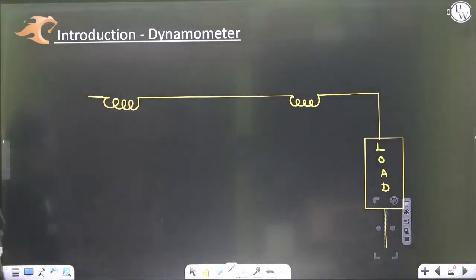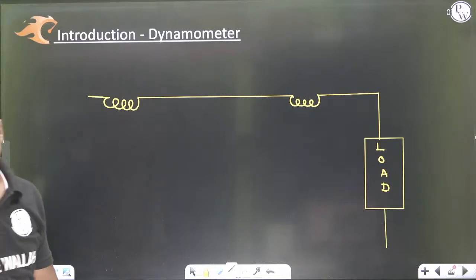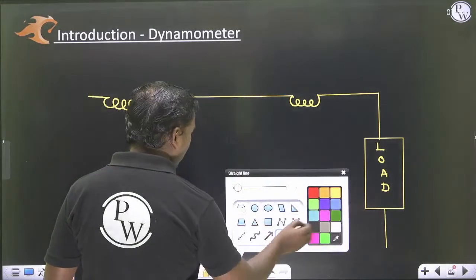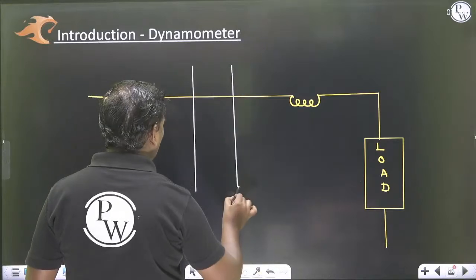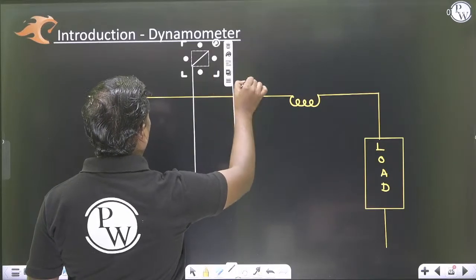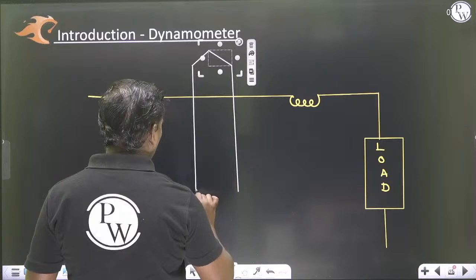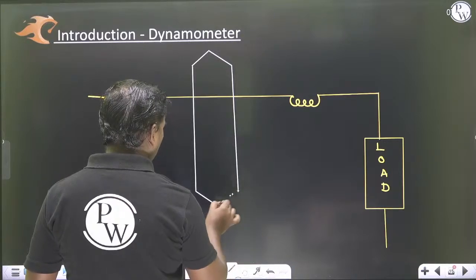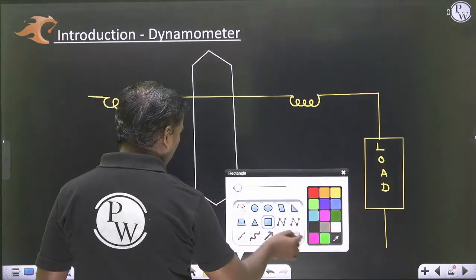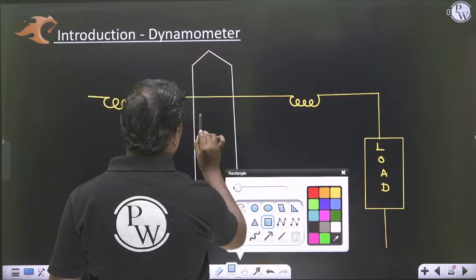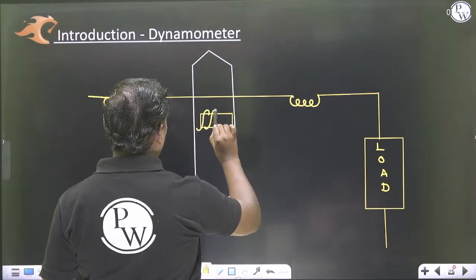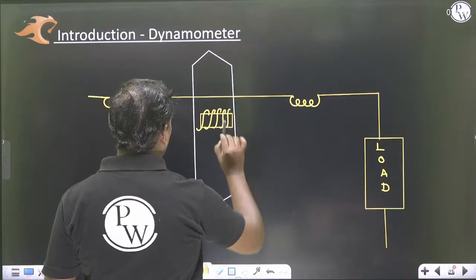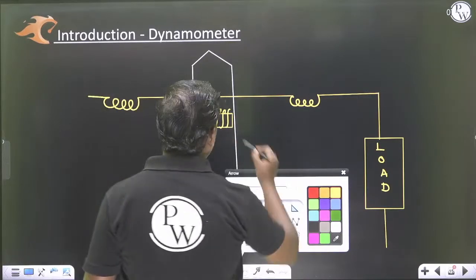Okay, and I'm going to take the moving coil. So there is a spindle like this. There is a small moving coil like this, which is going to deflect. This is a pointer.